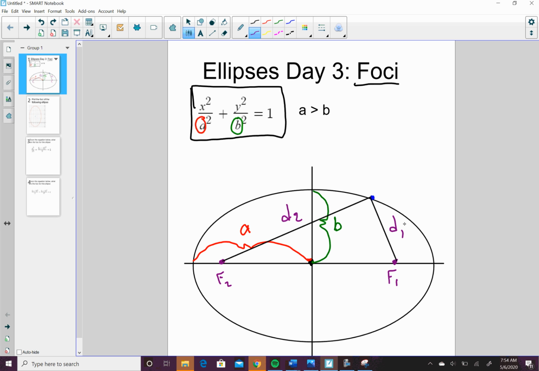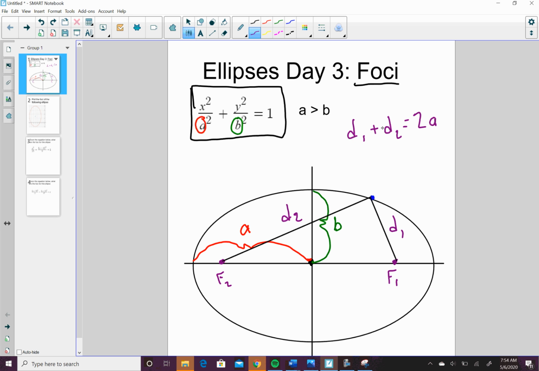If you construct those segments, and add up D1 and D2, this is true for any point on the ellipse: the sum of those 2 distances is always going to be equal to twice the major axis, or 2a, every single time.